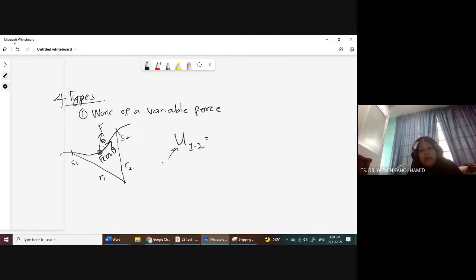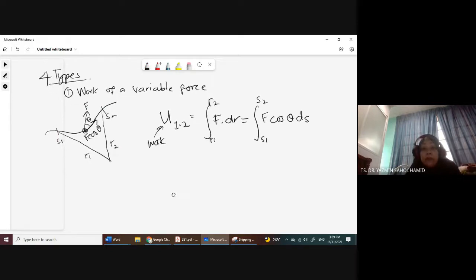This is the symbol for work, and 1 to 2 means from the first position to the final position. It will be the integration of F dr from R1 to R2, which also equals the integration from S1 to S2 of F cos theta ds. So this is the work of a variable force.